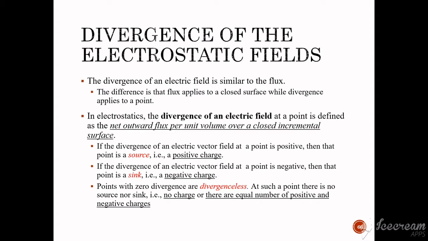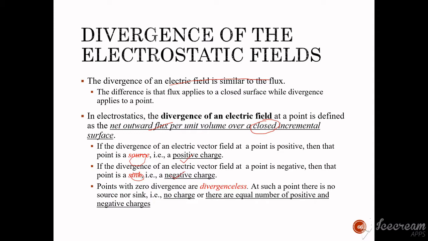As a keyword here, the divergence of electric field is similar to the flux. It is defined as the net outward flux per unit volume over a closed incremental surface. We have a source, which is a positive charge, and a sink of the electric field, which is a negative charge.